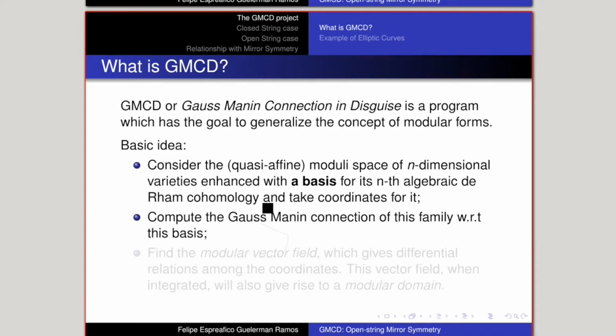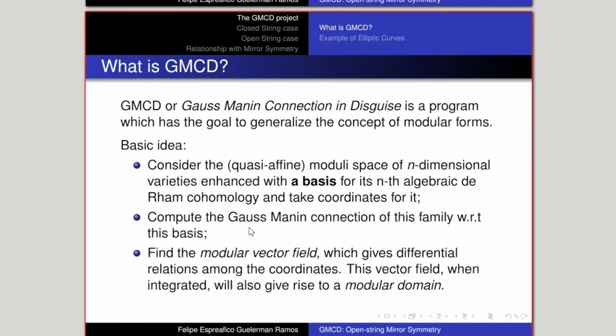After this, we can compute the Gauss-Manin connection of this family with respect to this basis. What we have is k sections of the algebraic cohomology sheaf, and then we can compute the Gauss-Manin connection with respect to this basis, and we can do it explicitly, because we have this moduli space explicitly.